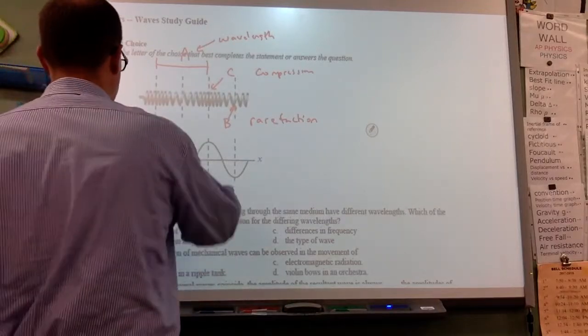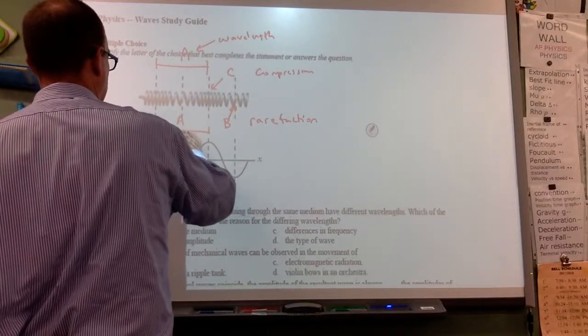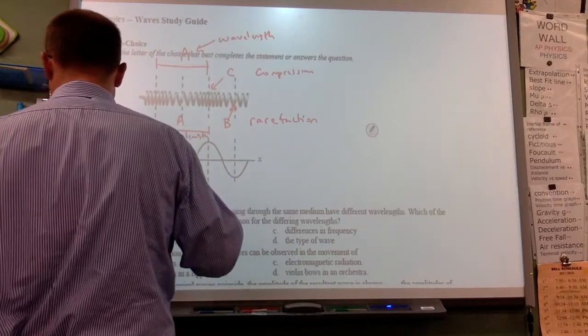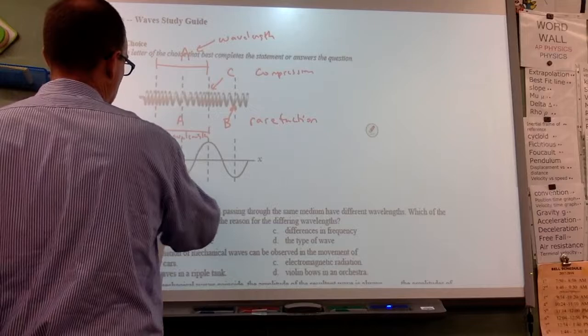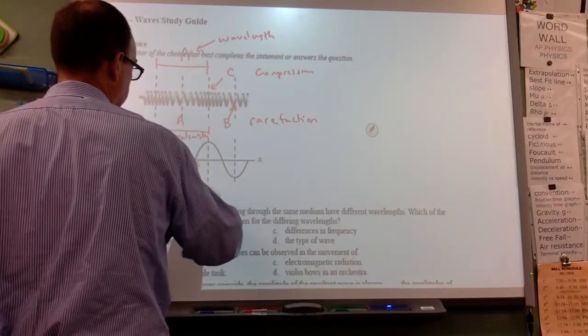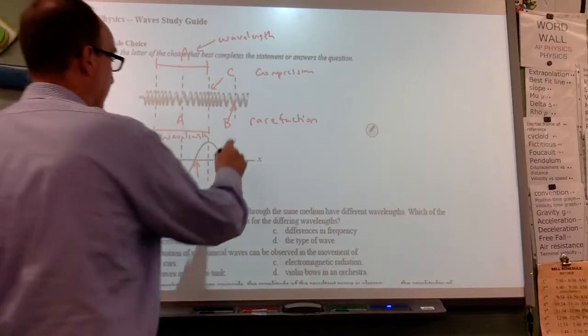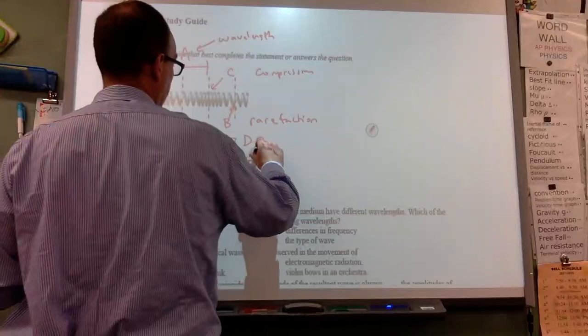On the one down here, A is again a wavelength. C is pointing to these zero points. Those would be nodes. D is pointing to peaks and troughs.